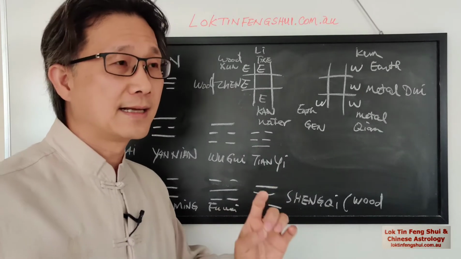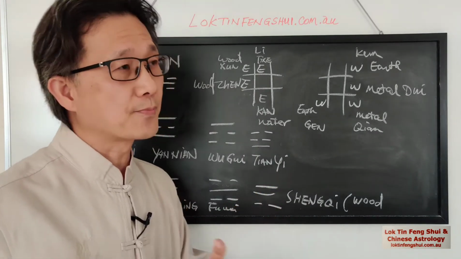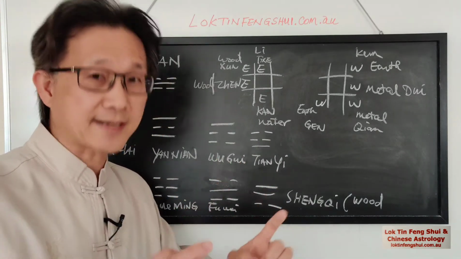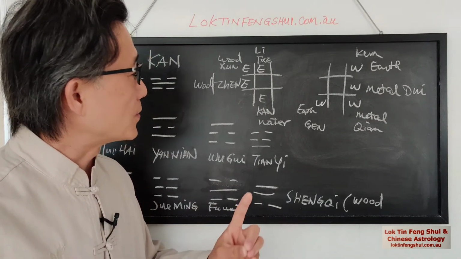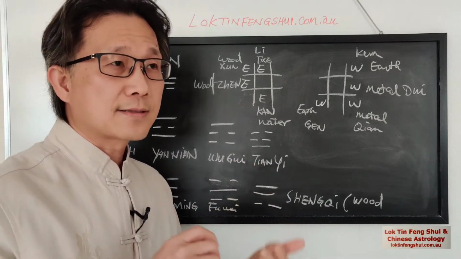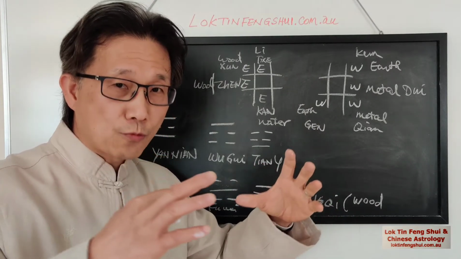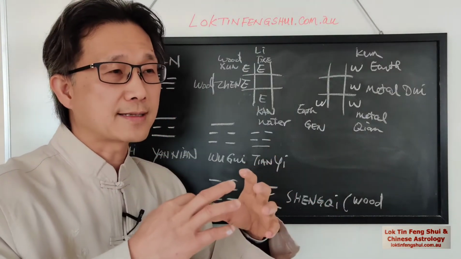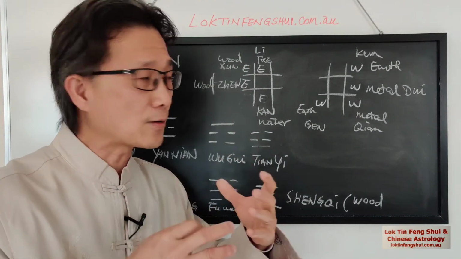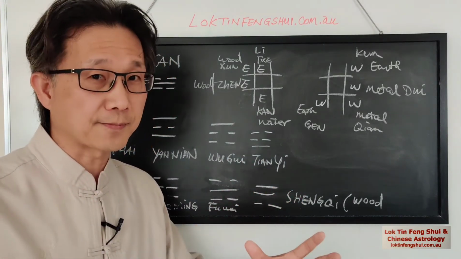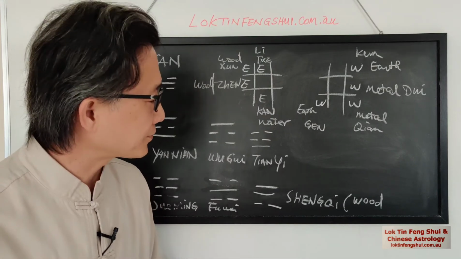It is not the only reason, because there are other factors as well. So as I said in the other video, Feng Shui is all grouped together. It's not just one single formula that will solve everything; they have to work together.